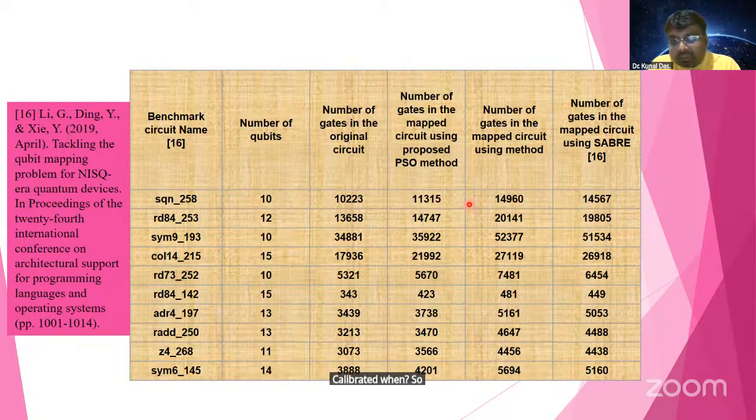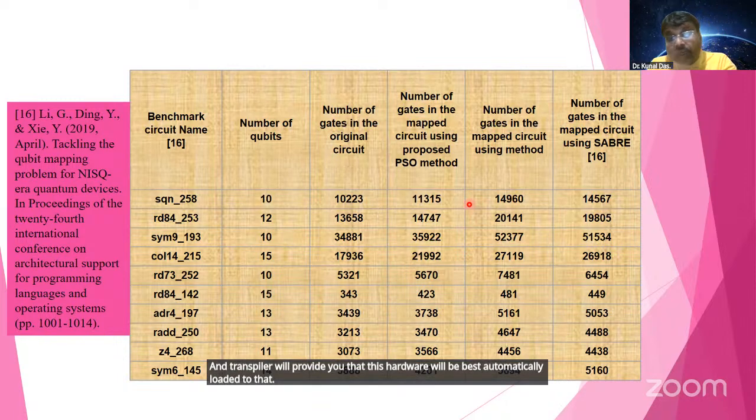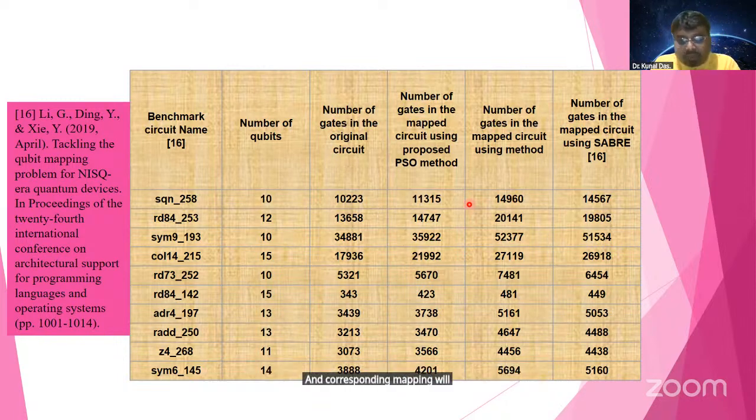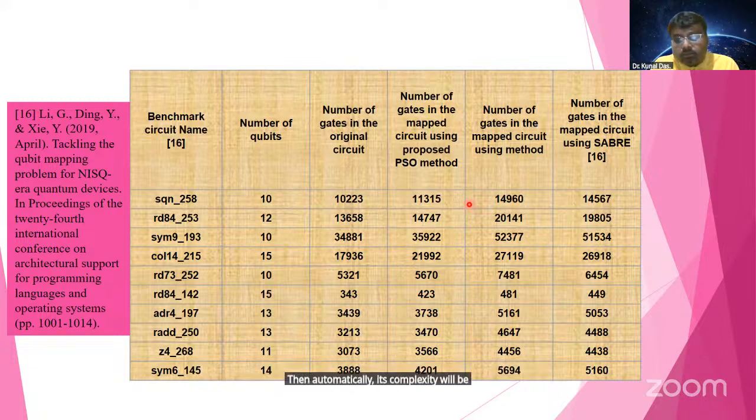That calibration information will be extracted, and the transpiler will automatically tell you which hardware is best, load it there, and the corresponding mapping will also be best. If I make the mapping or transpiler circuit smaller, then automatically its complexity will be lower.